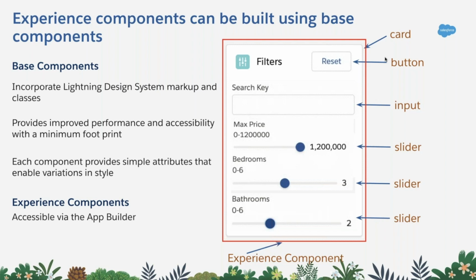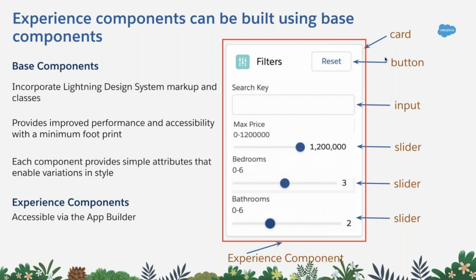And each component can be controlled by a set of attributes, where you can create variations of the components by using the attributes provided by these base components. And once you build the experience components, you can use them right from your App Builder, drag and drop those components onto your pages and build your pages for the application.